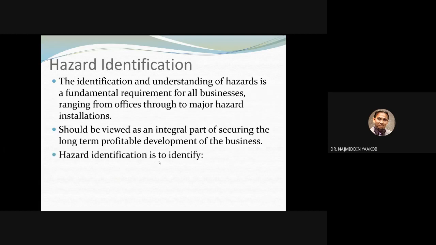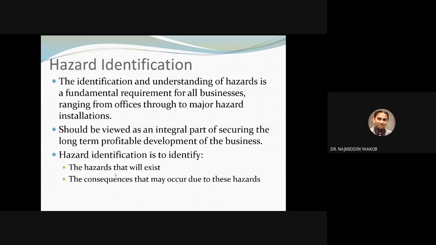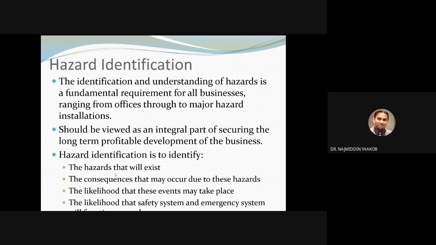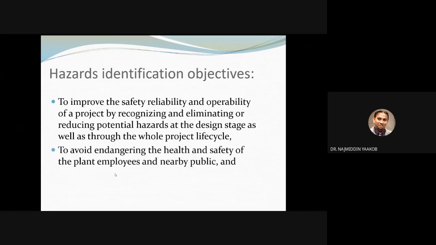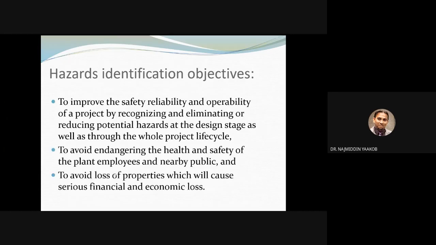Hazard identification is to identify the hazard that will exist, the consequences, the likelihood, and also the likelihood of the system functioning properly. These are the main four hazard identification objectives, and to improve safety reliability, avoid endangering health, and avoid loss of properties.